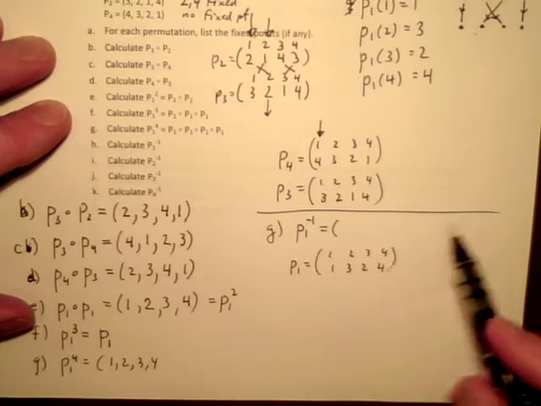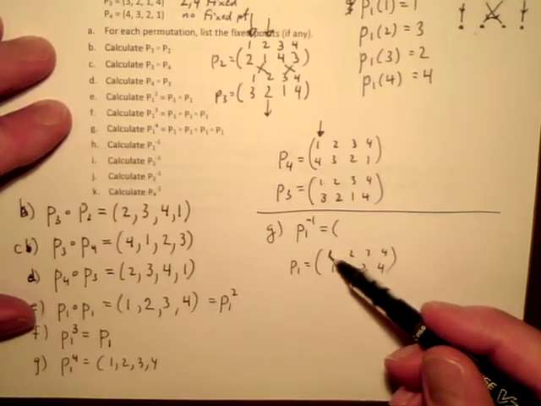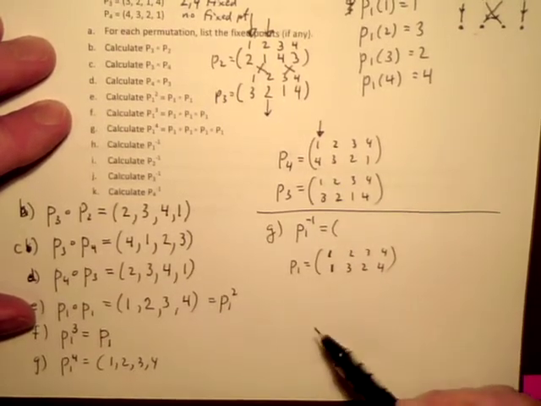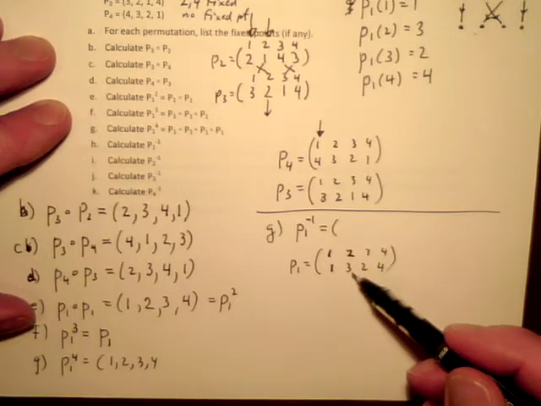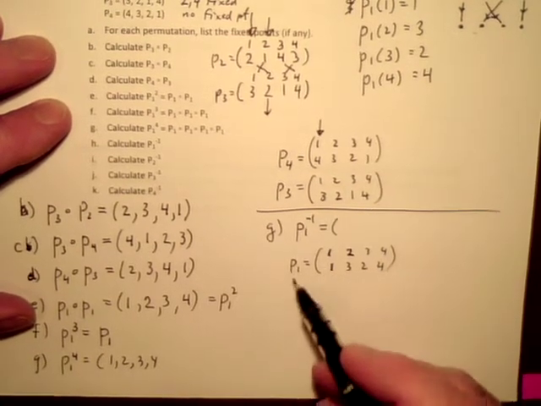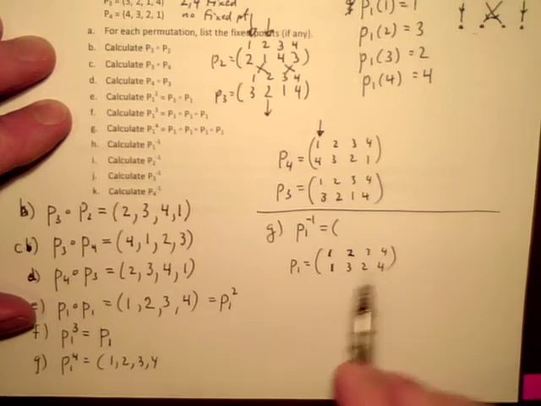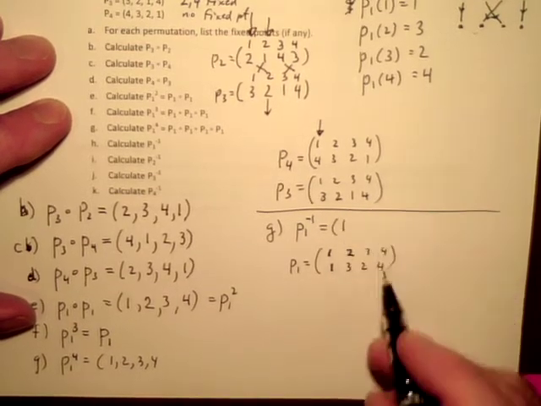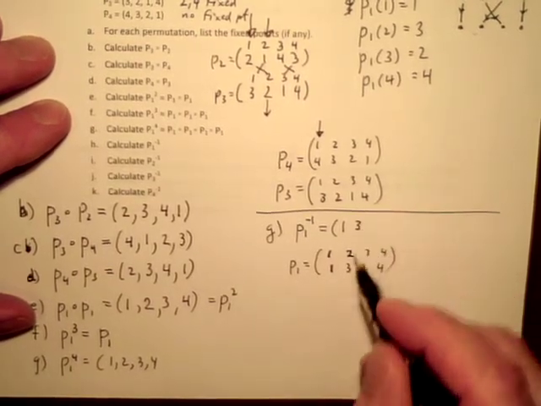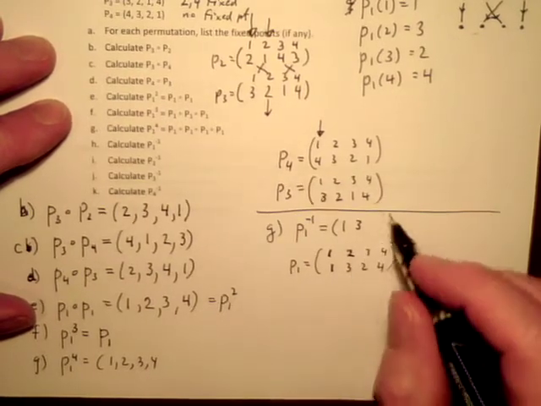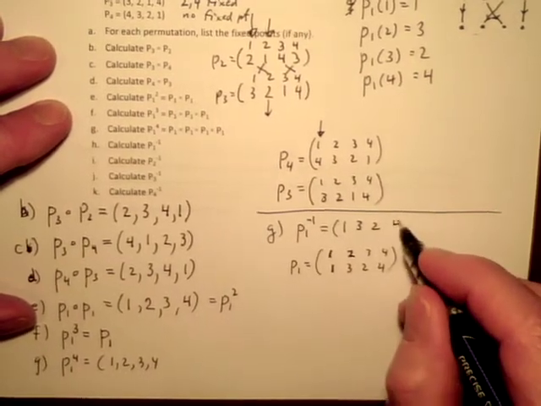Here, to apply P1, I say, where does a 1 go? It goes to a 1. Where does a 2 go? It goes to a 3. Well, if I reverse that, I just go from the bottom to the top. 1 goes to 1, 2 goes to 3, 3 goes to 2, 4 goes to 4.